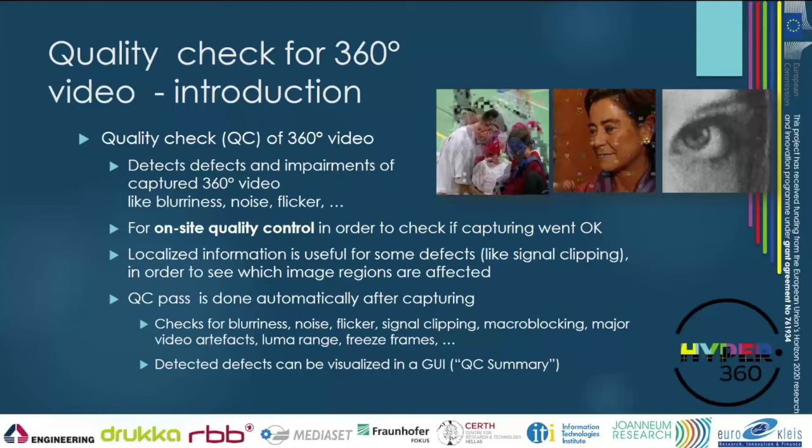That can be stuff like blurriness, noise, flicker, and other defects. Here on the right side, you can see visual examples for some of these defects. The first two from the left are block defects, block dropouts, stuff like that. And the image to the right shows noise impairment.